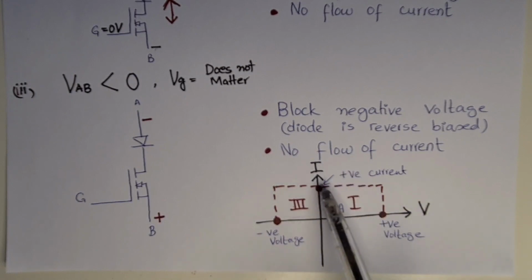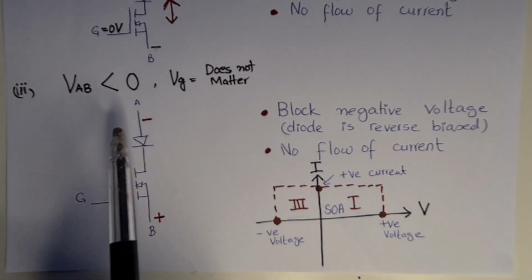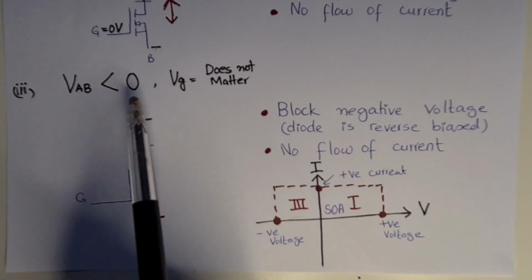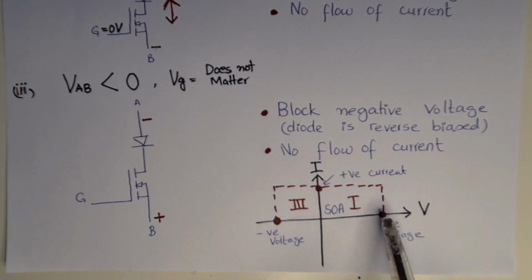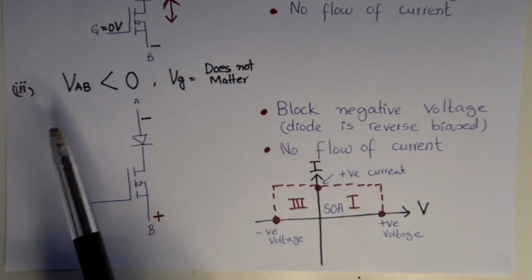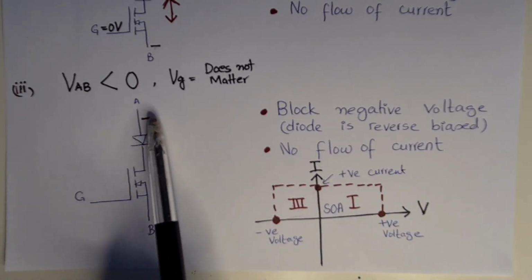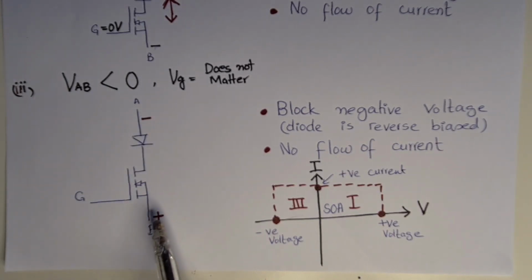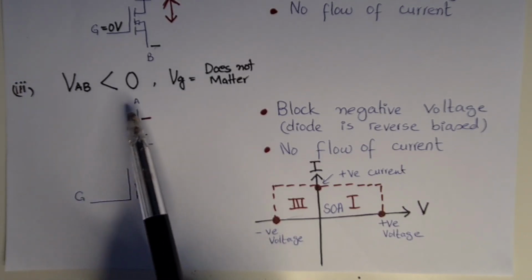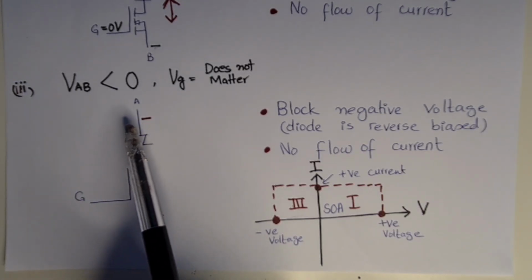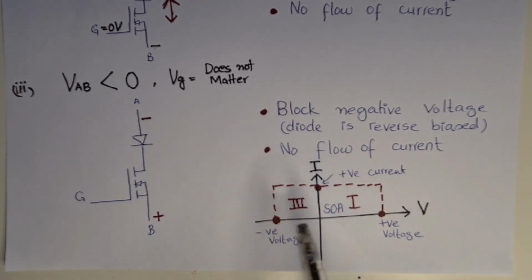The second category is that we have applied positive voltage from A to B but have not applied any gate voltage, so it will block positive voltage. The third category is that VAB is less than 0. Here we have applied negative voltage at A and positive voltage at B, and then the VG value doesn't matter because the diode is reverse biased and will not conduct current. So it will block negative voltage. This is the safe operating area for this diode in series with FET.